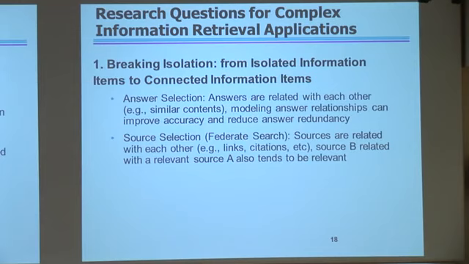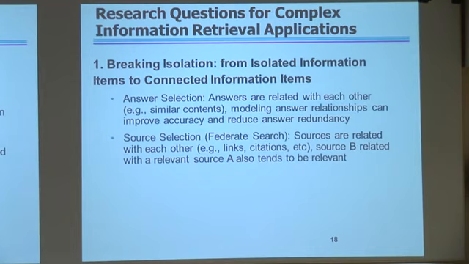This is okay, but it may not be optimal, because in a lot of cases those information items have a relationship. So for example, if one web page has a connection to another web page, and both of them appear on the list, if we are pretty sure that one of the documents is relevant, then the other web page also tends to be relevant.